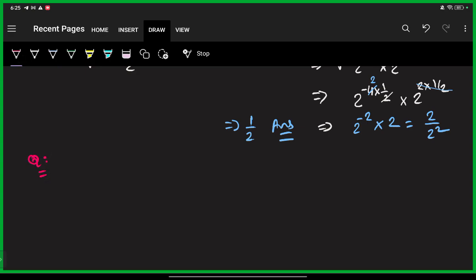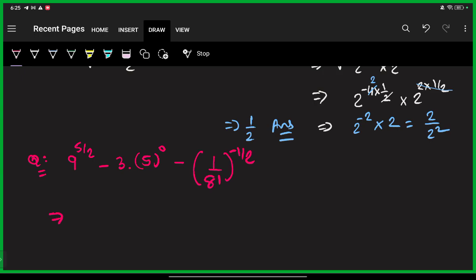Now solve this question. 9 raised to 5 by 2 minus 3 multiplied by 5 raised to 0 minus 1 by 81 raised to minus half. Tell me how to solve this question.